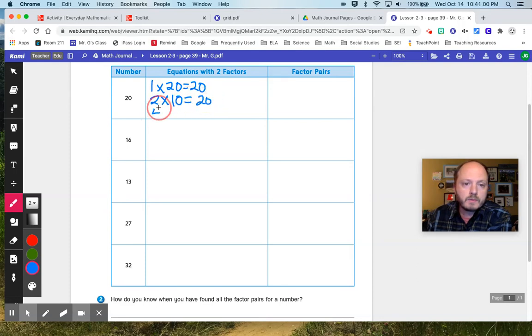And that third one was 4 times 5 equals 20. You do not need to do the turnaround facts for this, okay?